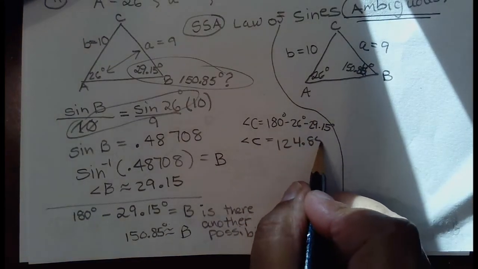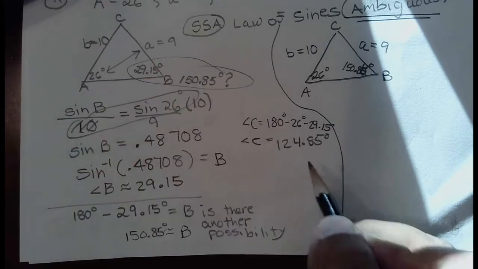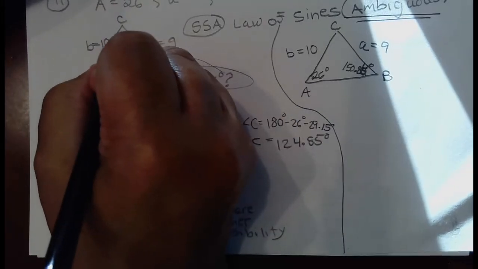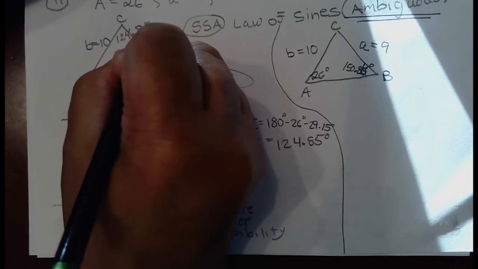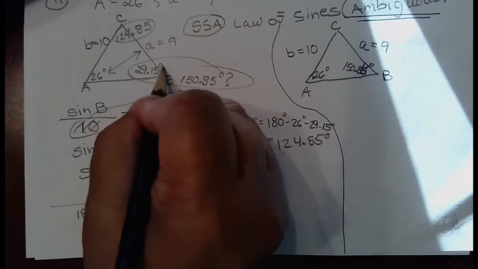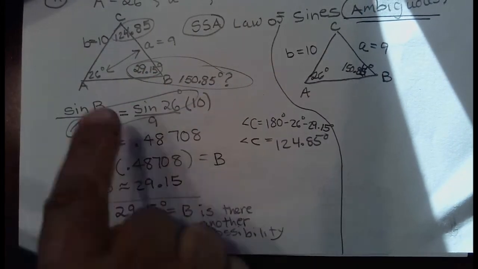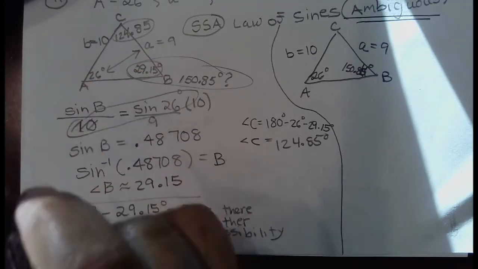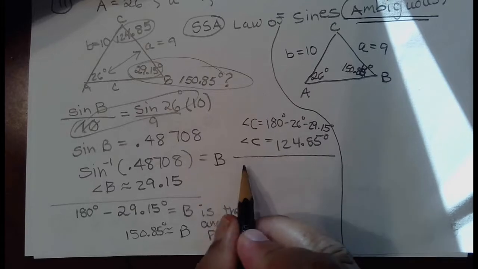Okay, so you have that answer, you have this answer, and the only thing that we haven't found to complete the solutions for this triangle is side C. So I'm going to find that next. I'm going to go side C, and switch over to law of sines. Side C is across from this 124.85 degree angle.